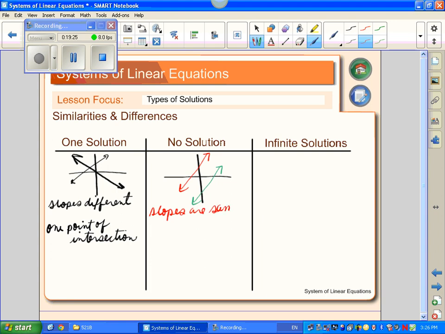Parallel lines, the same slope. From grade 10, we realize that. Our y-intercepts are different. Algebraically, we find that the left-hand side cannot equal the right-hand side. And the answer for this is no solution.